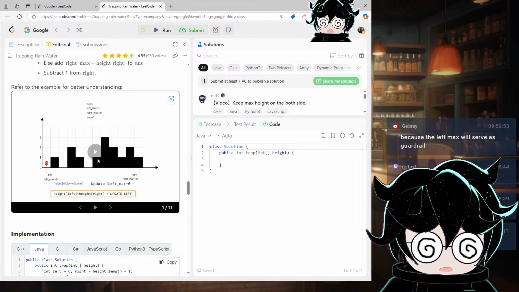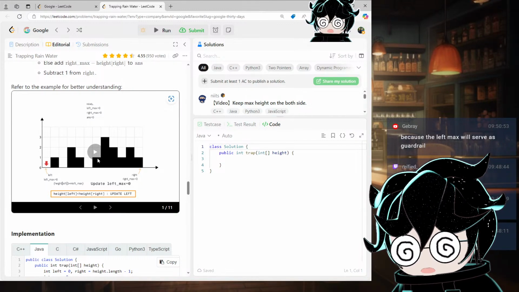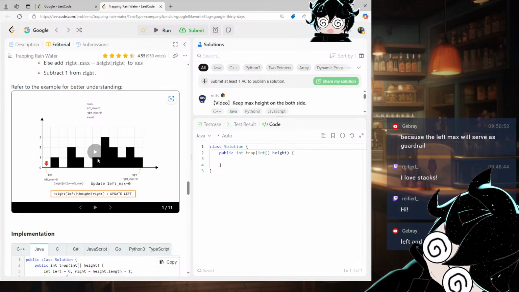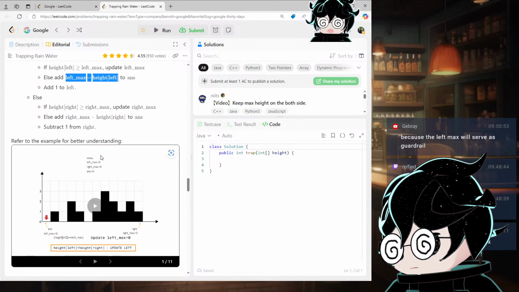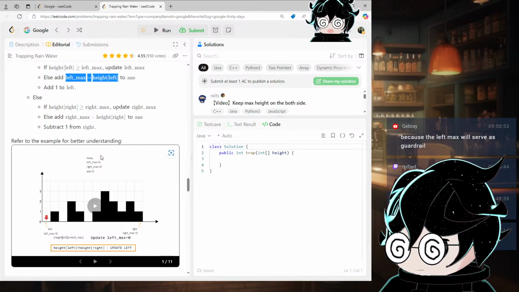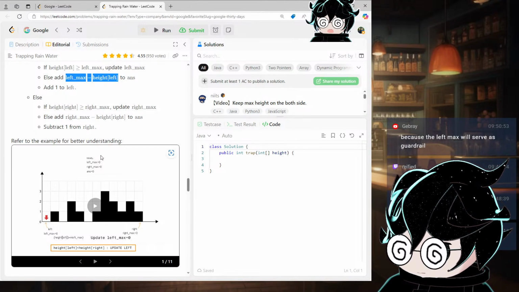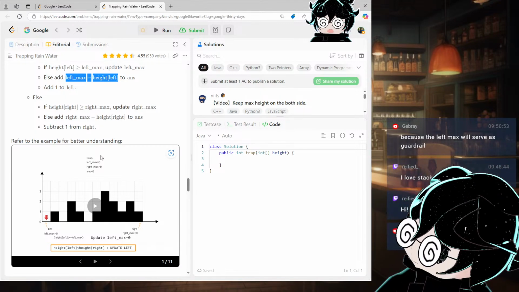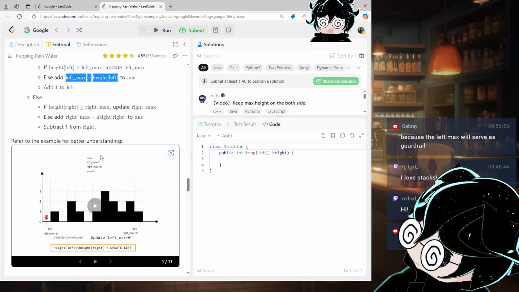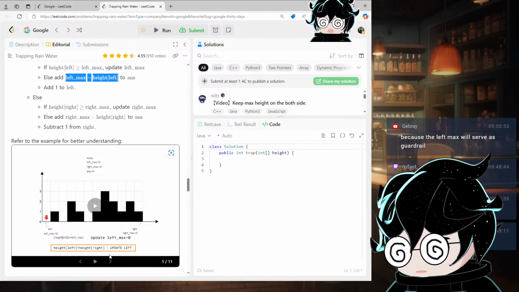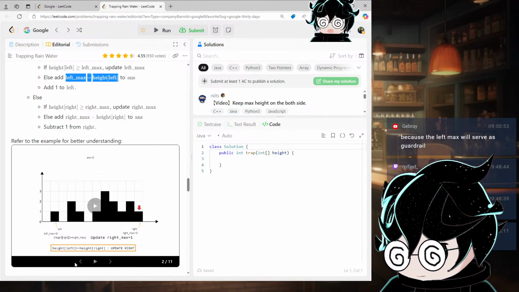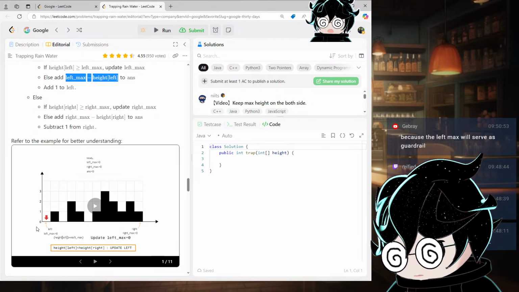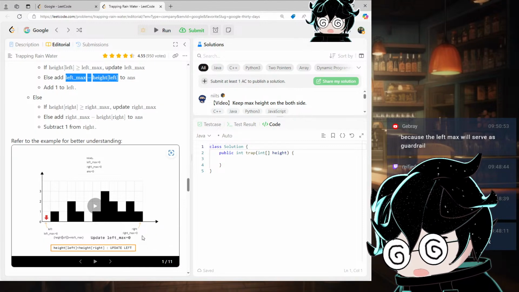Okay, I understand what they're doing, but I don't know why it works. Okay, left is here, left max is 0, right is here.